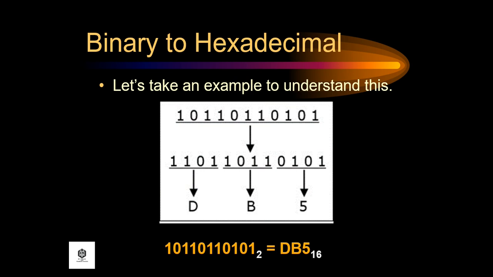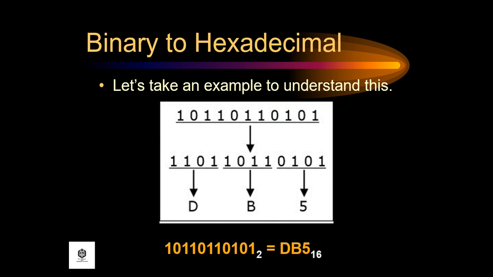The given is 10110110101101. As the step said, divide or group it into 4 bits. So it will be 1101, then next is 1011, and the next is 0101.